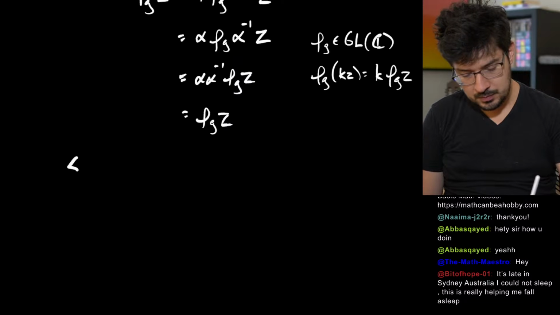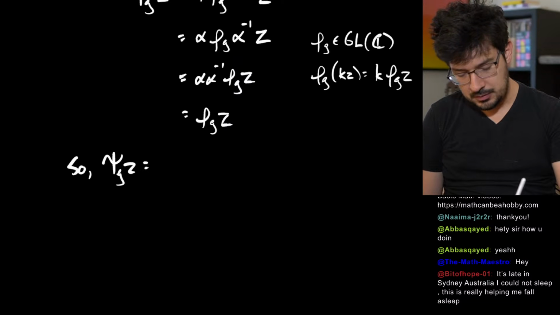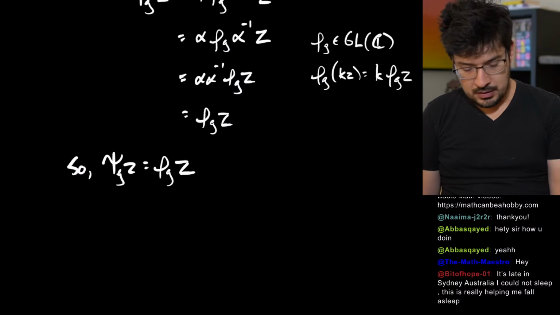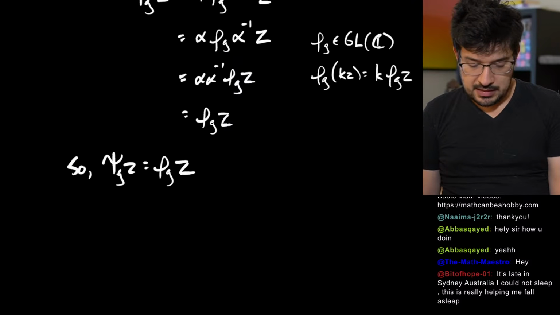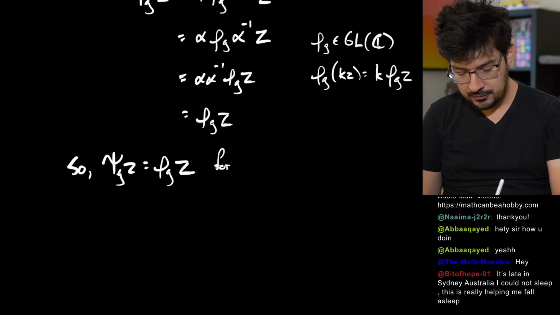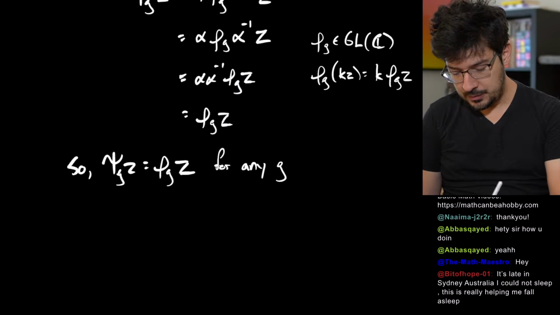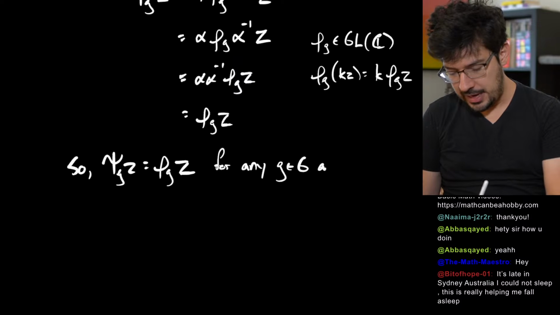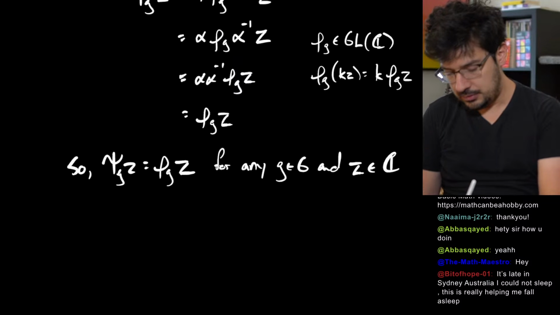So, psi z equals phi z for any group element and any point in the complex numbers.